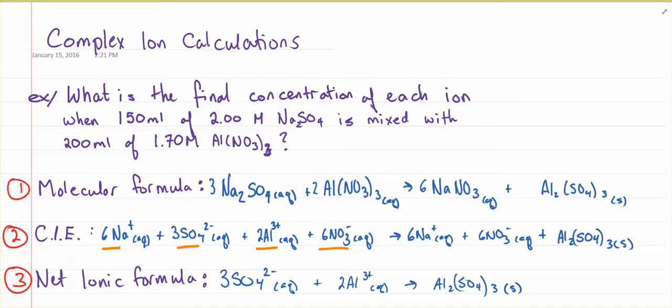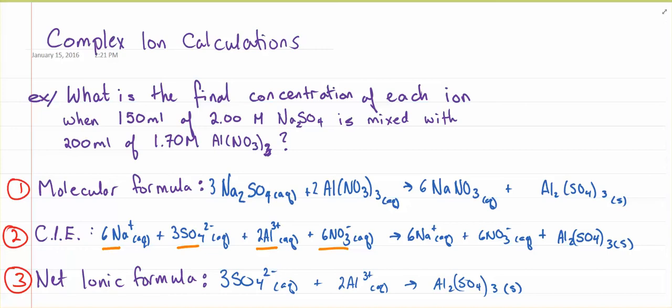I use my solubility chart to figure out that the sodium nitrate is going to be aqueous and the aluminum sulfate is going to come out and precipitate out as a solid. After that, I'm going to work through my complete ionic equation. In this case, I'm going to break up everything that's aqueous.